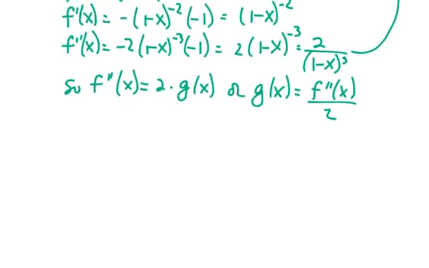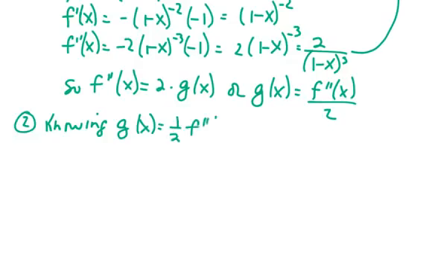The second thing here that we want to examine is manipulating the power series directly. So knowing that g of x is equal to 1/2 of the second derivative, we can manipulate the geometric series.